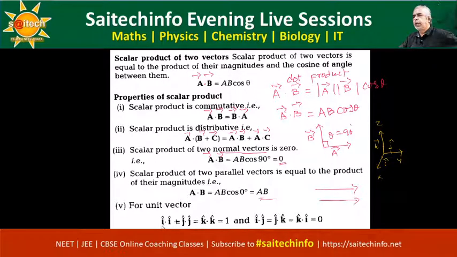So i dot i is equal to j dot j is equal to k dot k, which always yields 1. And i dot j is 90 degrees, so when it is 90 degrees you adopt this formula and it becomes 0. So i dot j is equal to 0, j dot k is equal to 0, k dot i is equal to 0. Why? Because they are mutually perpendicular to each other, okay, right.